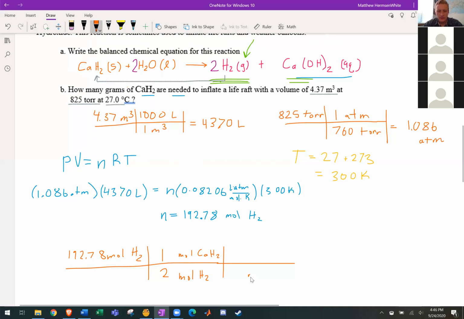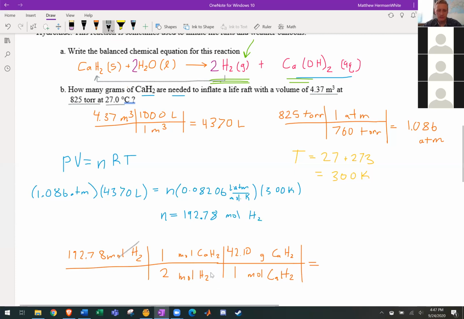And then the next thing we want to do is go to grams. So mole CaH2 and grams CaH2. So we have 1 mole of CaH2, and the molar mass of this compound is 42.10 grams per mole. So let's make sure our units cancel here.